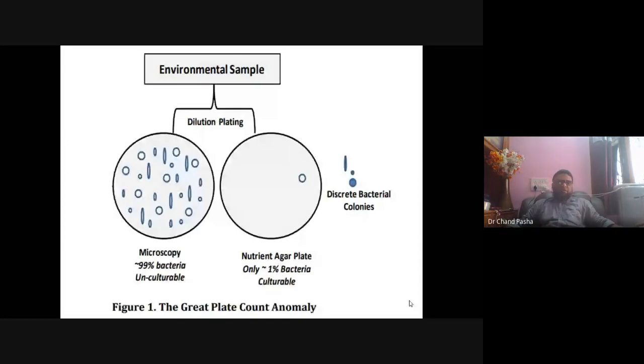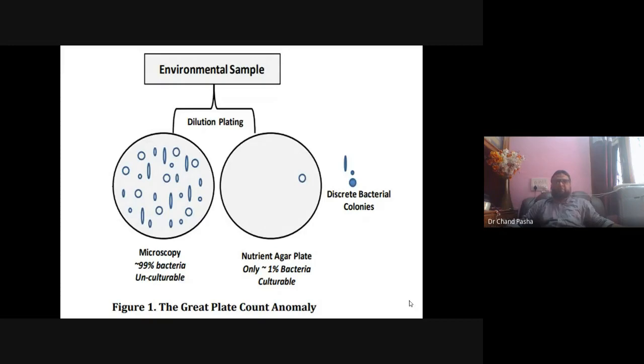Under the microscope, suppose you are able to see around 100 bacteria, say 99 bacteria, whereas on a culturable nutrient agar plate you will see hardly one bacterium, 1% of the bacteria.